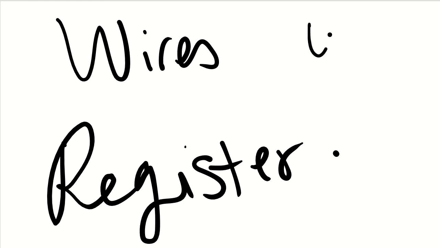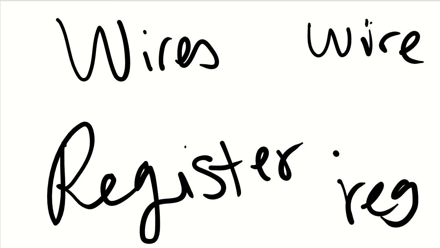So you just type wire, and register you type reg. So again, the good news is that the names represent what exactly they do, because wires implement the connections between elements, and registers are holding values. So if you want to hold a value, you type register. If you want to make connections, you type wire.